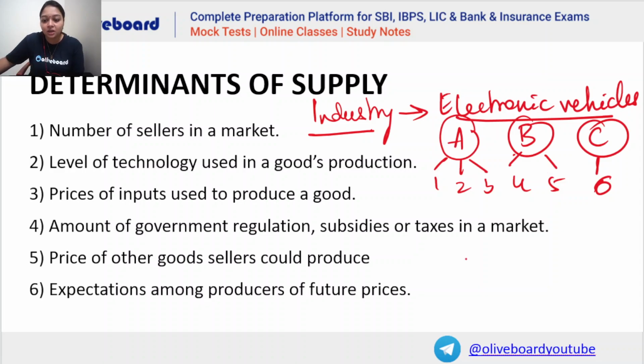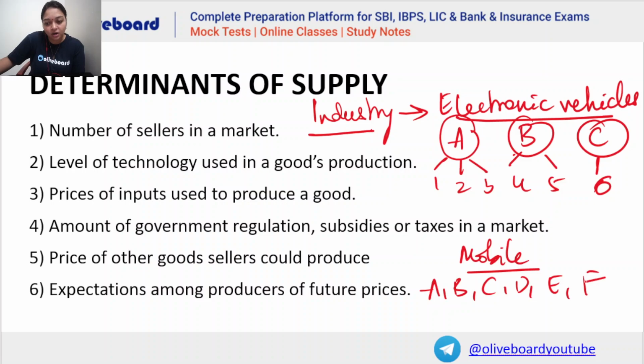Now let us compare this with the mobile market or mobile industry. We can't count, right? There are so many sellers or producers of mobiles, A, B, C, D, E, F, right? You can keep on naming. Each one has almost hundreds of models. So can you see the number of choices, the number of outputs present in the market, keep on increasing, right?